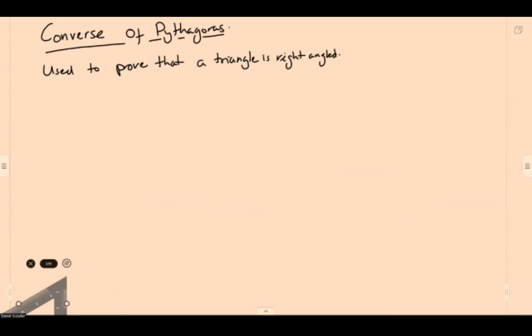As much as you look at this and go, why would I ever need this, it's actually a really common thing that you use knowledge about something to try and prove that it's true or not. It's putting you into that frame of mind. So we want to prove using Pythagoras that a triangle is right angled.